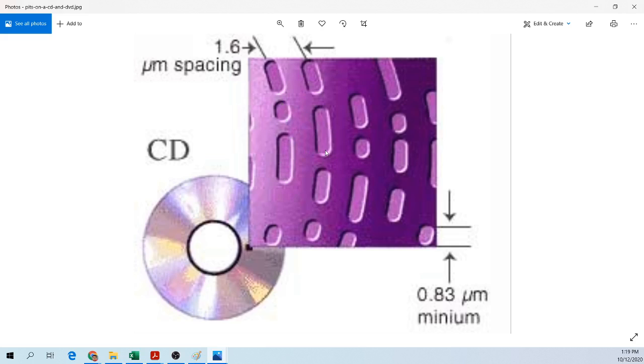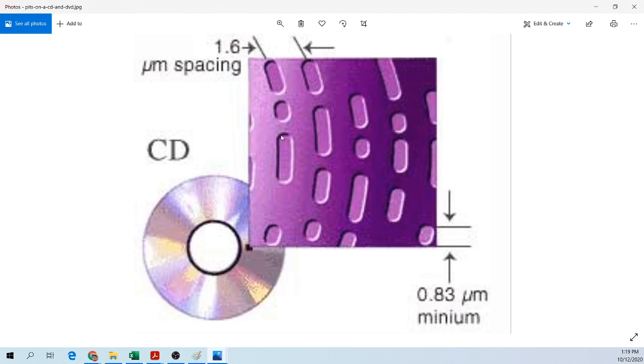So this here is another example of binary, because if you think about it, binary is a 1 or a 0. So if you have something that can represent two values, a 1 and a 0, then that is also binary. It can be read as binary.